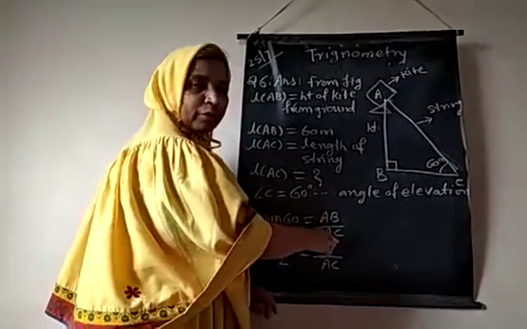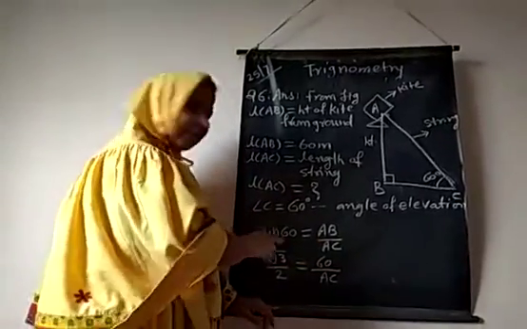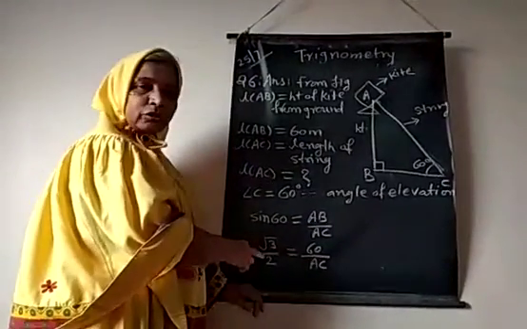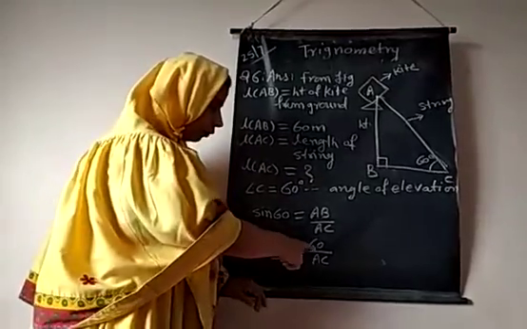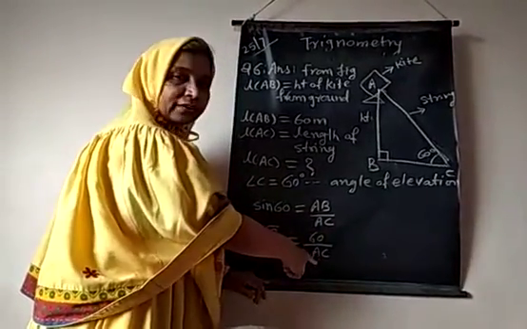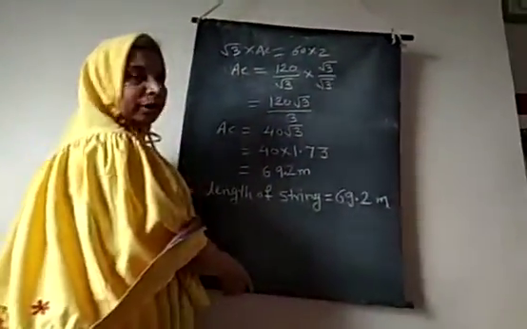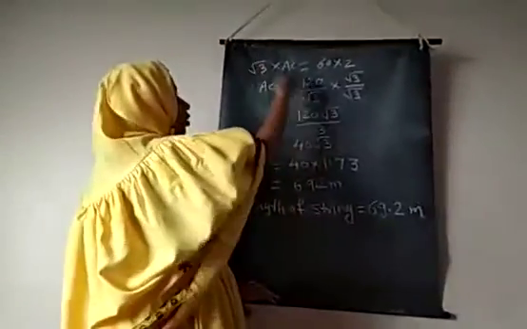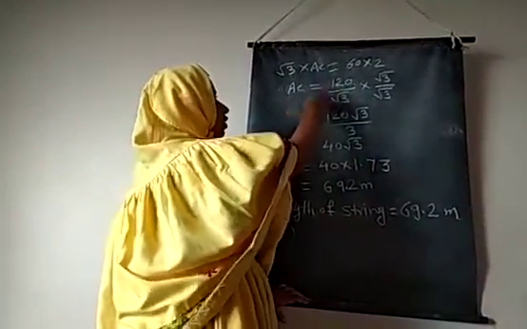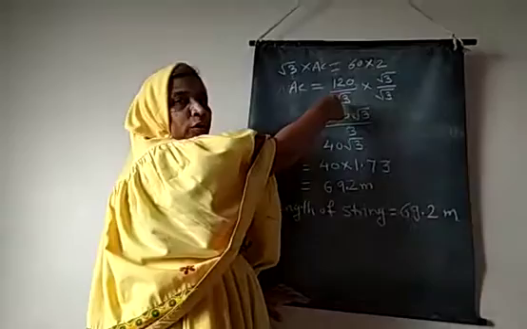Opposite is AB, hypotenuse is AC. Sine 60 value from the table is root 3 upon 2, equal to 60 upon AC. By cross multiplication, root 3 multiplied by AC is equal to 60 multiplied by 2. Therefore root 3 we are shifting to the other side. AC is equal to 120 upon root 3.